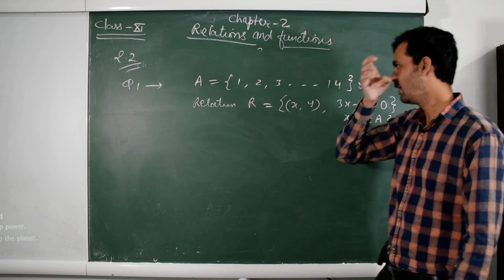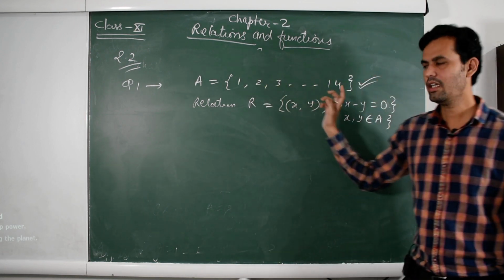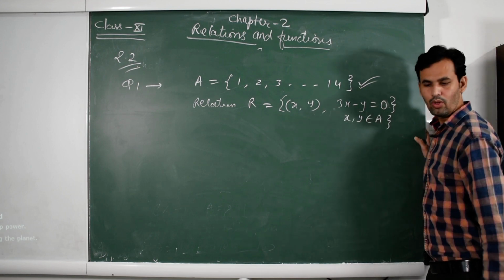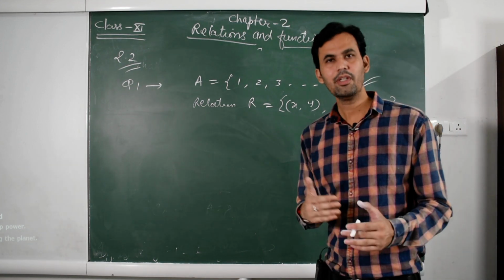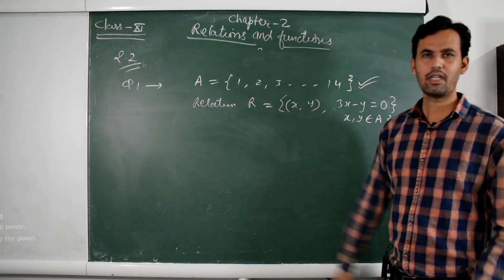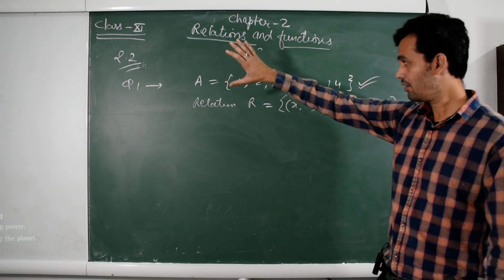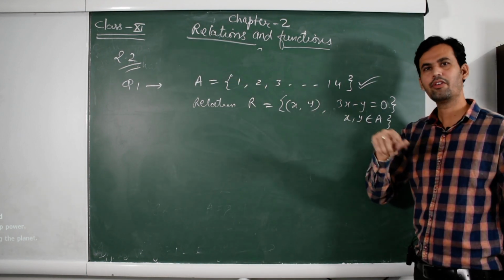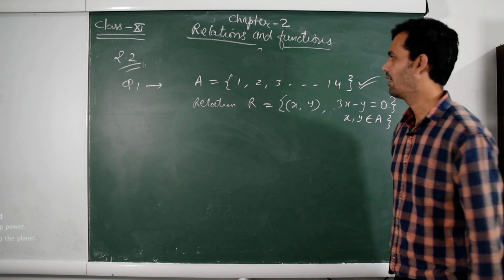It means x and y are the elements of set A, and this is the relation 3x - y = 0. We have to write down its domain, codomain and range.